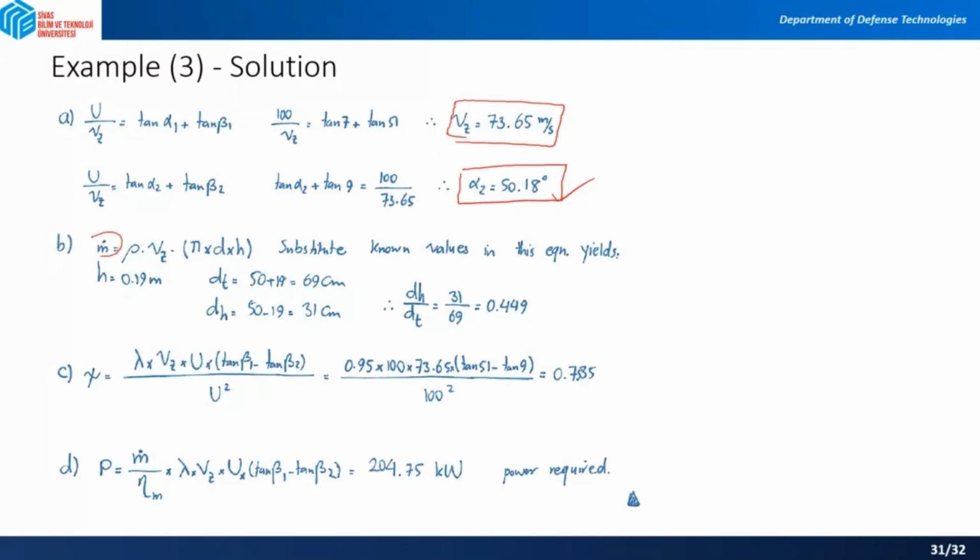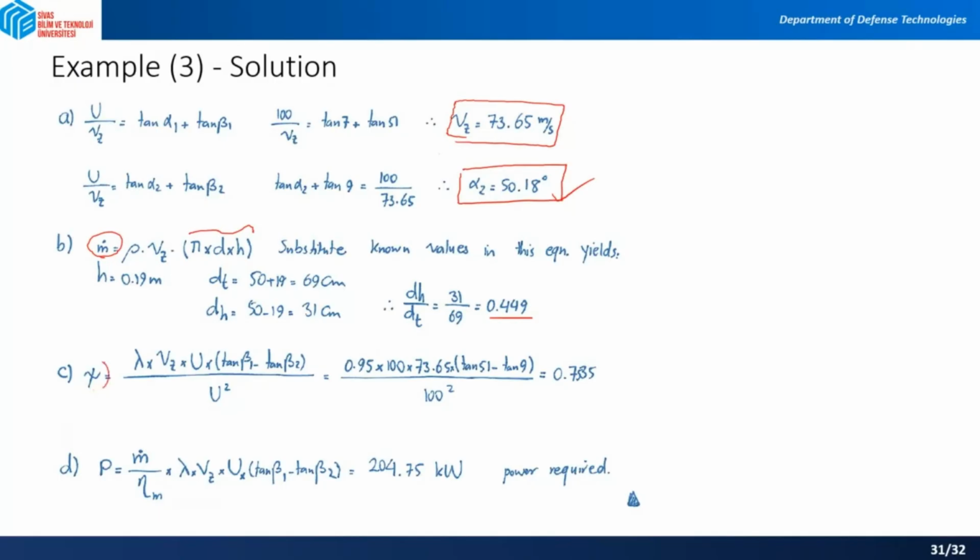Then using the mass flow rate, which is rho Vz times annulus area, if you substitute, you will find the height equal to 19 centimeters. So your tip and hub diameters will be found as 50 plus 19 and 50 minus 19. So the ratio of the hub to tip is 0.449.